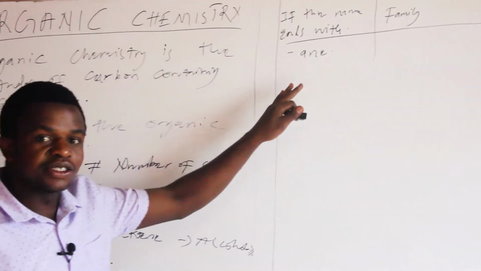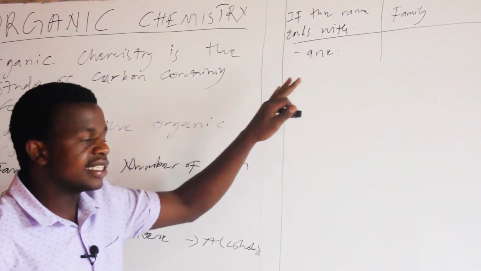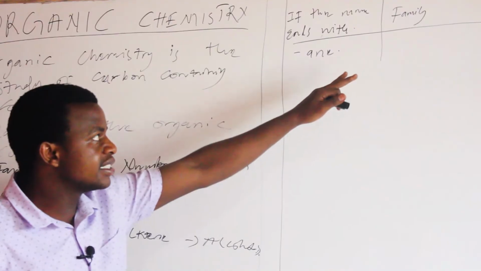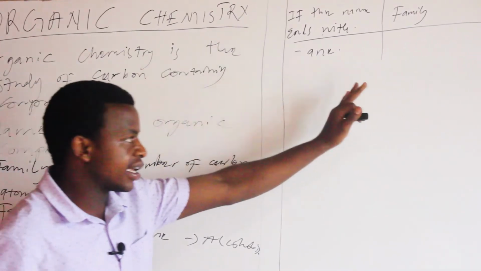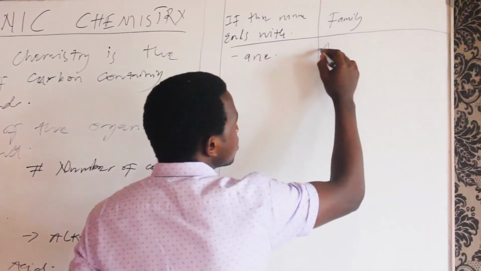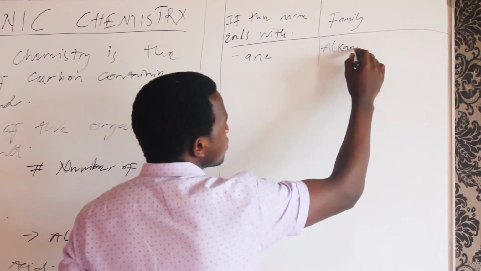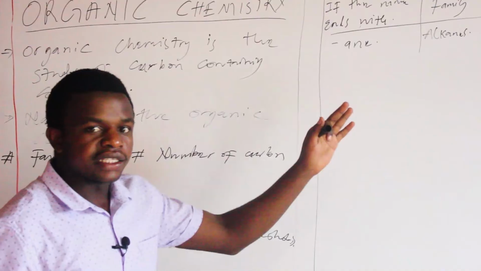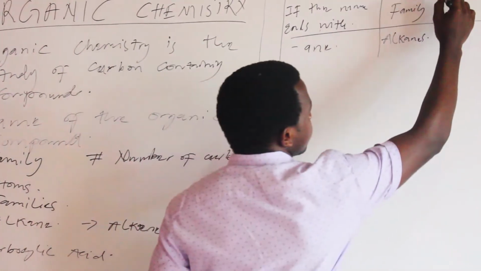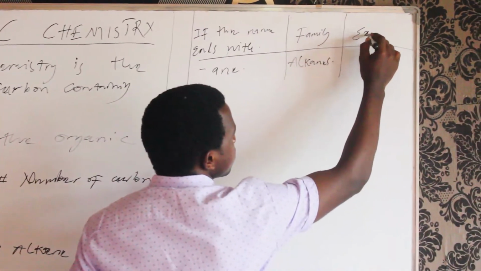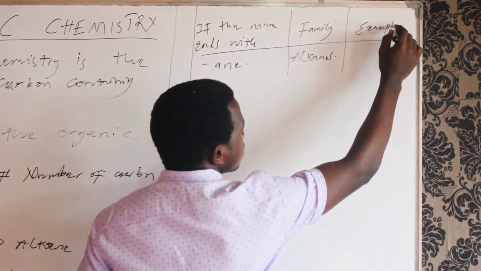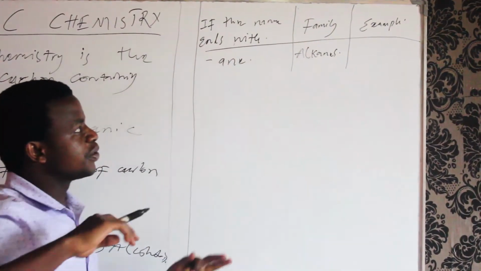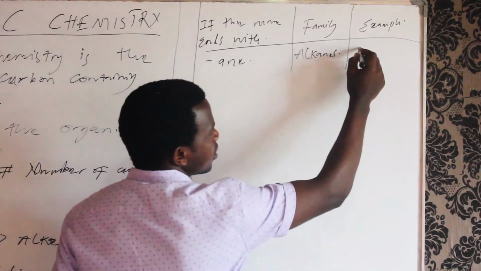If the name of the organic compound ends with A-N-E, that means it belongs to the alkanes, and an example that I'm going to give here is ethane.